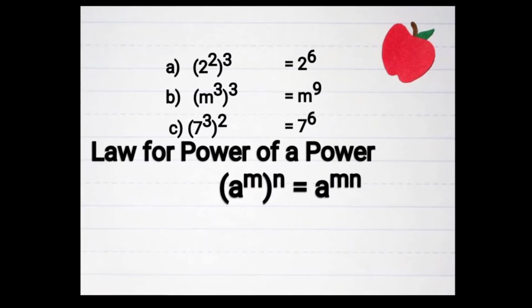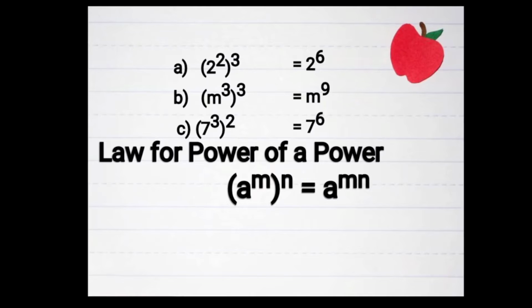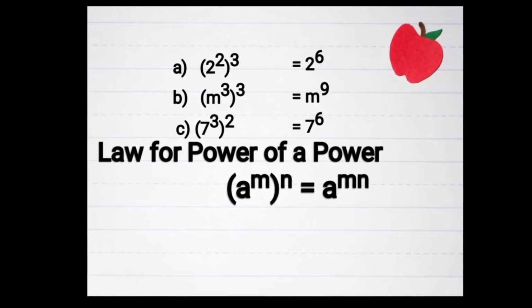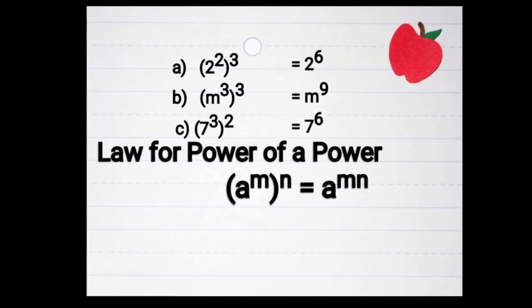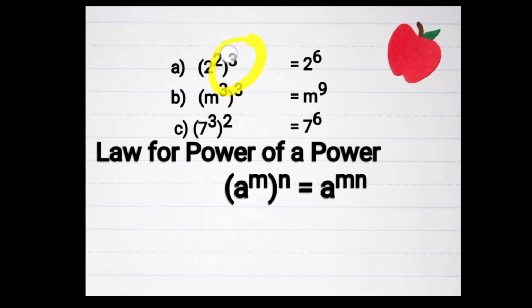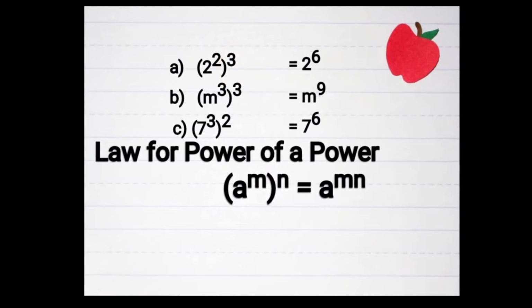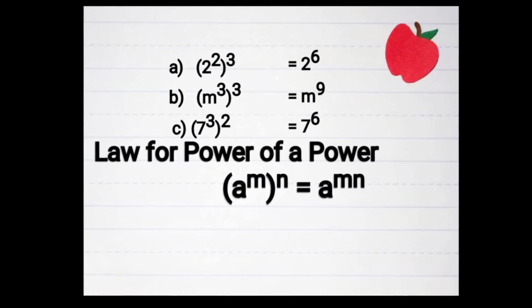Every exponent inside the parentheses should be multiplied by the outside exponent. As you can see, we have here 3 as the outside exponent, or the power outside the parentheses. You have to multiply it to the exponent inside the parentheses.